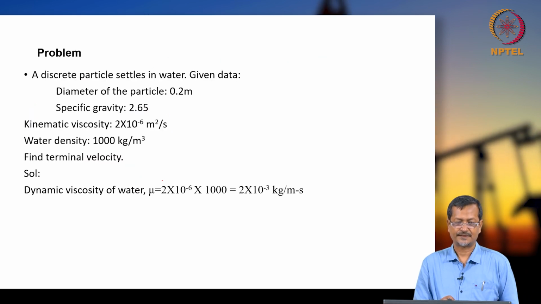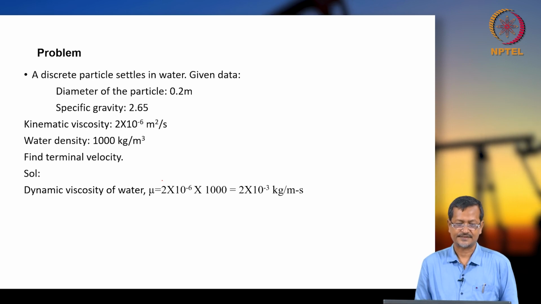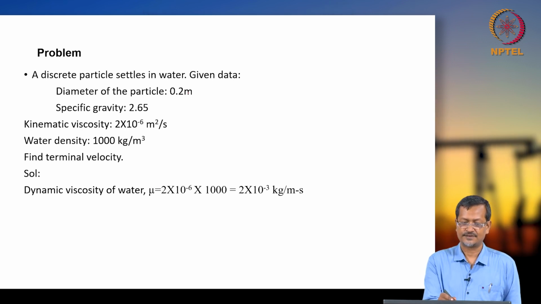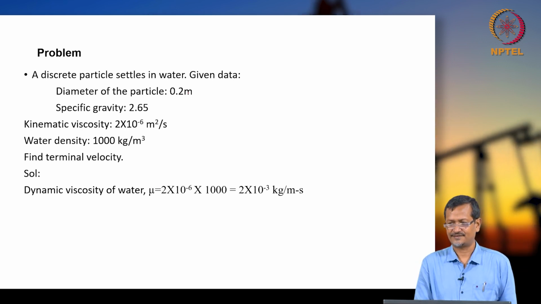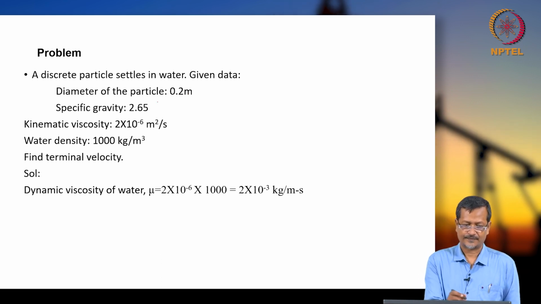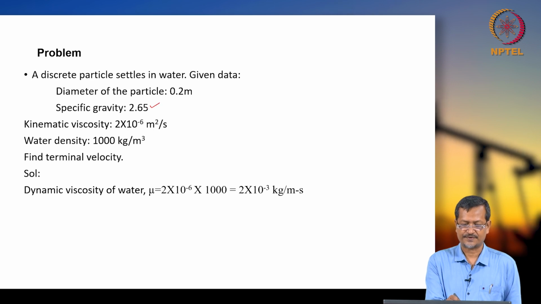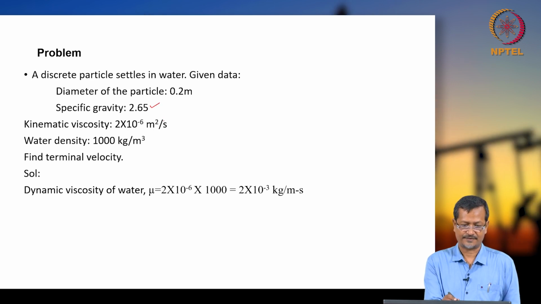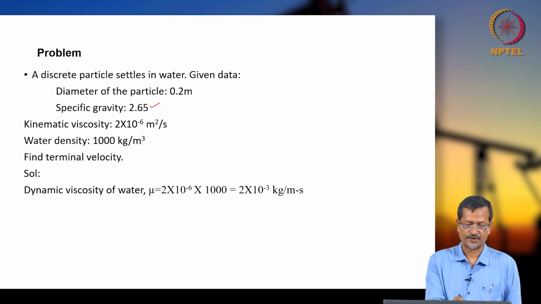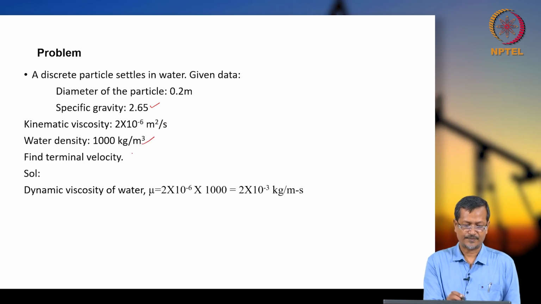Now based on the simple formula we discussed, let's see one problem. A discrete particle settles in water. Given data: diameter of the particle 0.2, just an assumption; specific gravity 2.65, I think the sand particle specific gravity; kinematic viscosity 10 power minus 6 meter square per second; water density 1000. Find the terminal velocity.